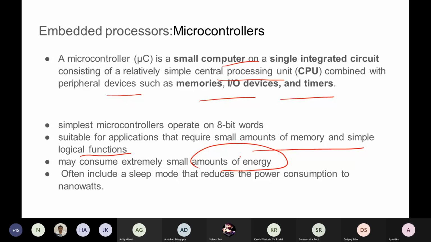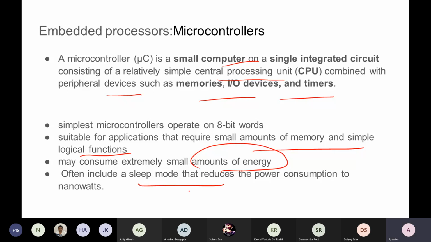Okay. They often include a sleep mode that reduces the power consumption to nanowatts. But this sleep mode requirement is not always suitable. This is another part we will again discuss because we need to have some always on devices. For that, how this sleep mode works and what this sleep mode means, we will talk.